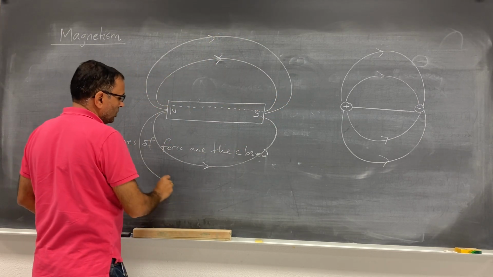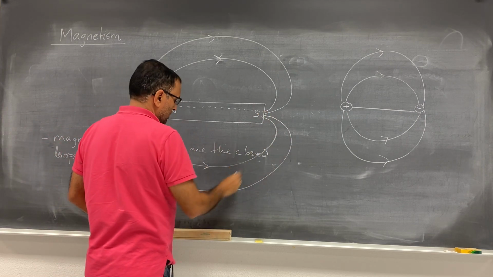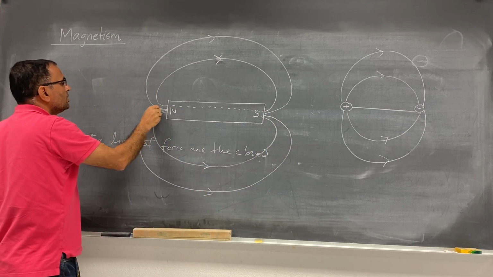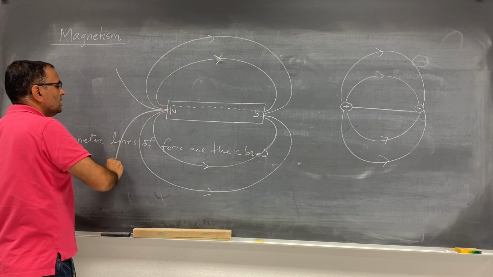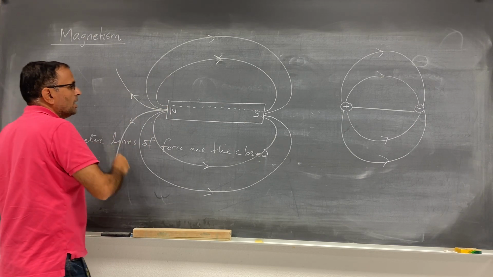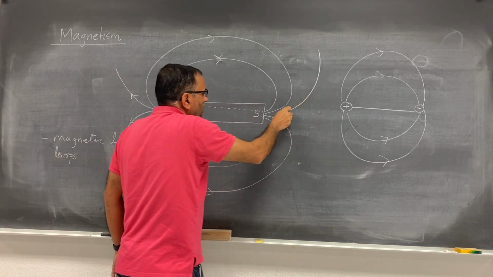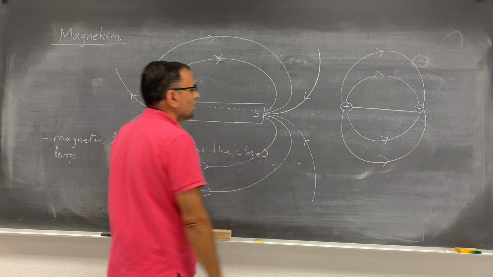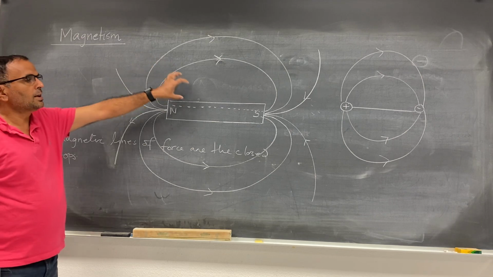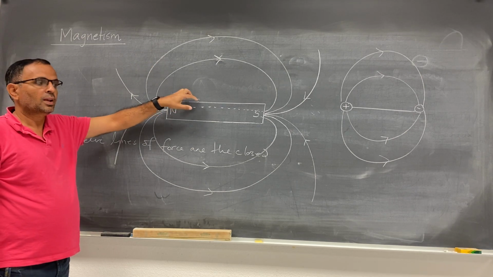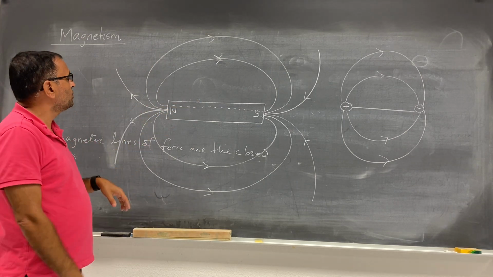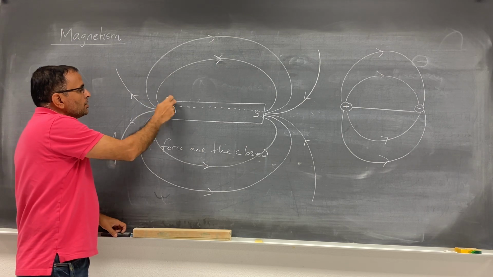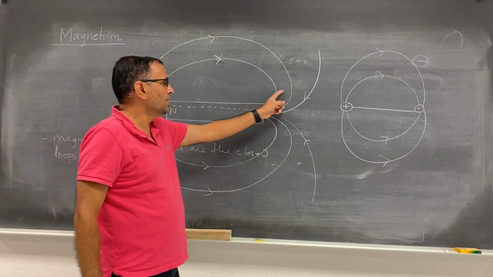Here also you can draw this way, or you can draw this, and here you can draw this way. So these are the magnetic lines of force. And look, the magnetic lines of force are crowded near the poles here and there.